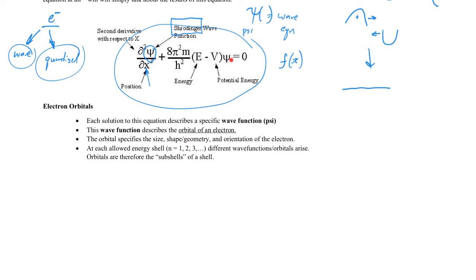We're going to see the different solutions to this wave equation and what those look like, and we're going to learn about them in terms of what are called orbitals or subshells of these shells. Okay, so let's take a look at how that works on the next page of the notes.